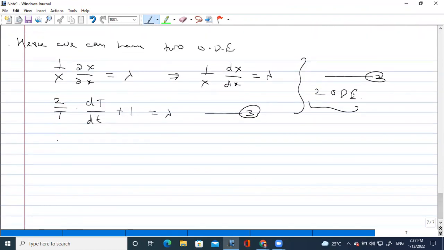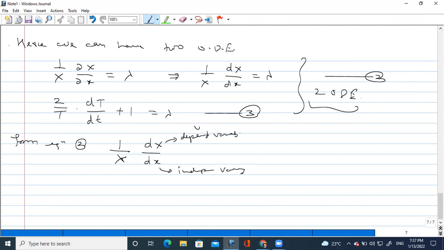Now here from equation 2, 1 by X dX by dx. So this capital X is now a dependent variable because it is depending upon small x, and here small x is the independent variable.